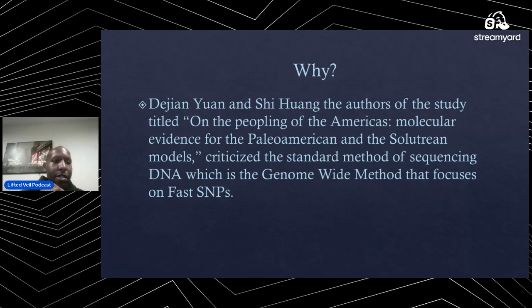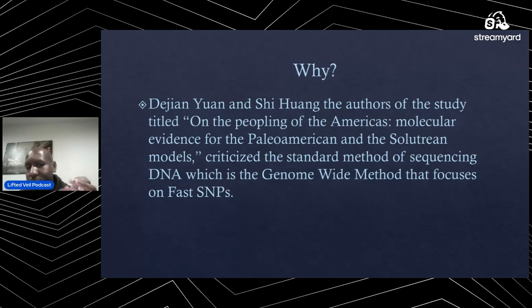Okay. Dijon Wan and Shi-Hu Wang, I think I'm pronouncing that correctly, were the authors of the study titled On the Peopling of the Americas: Molecular Evidence for the Paleo-American and the Solutrean Models. They criticized the standard method of sequencing DNA, which is the genome-wide method that focuses on fast SNPs.